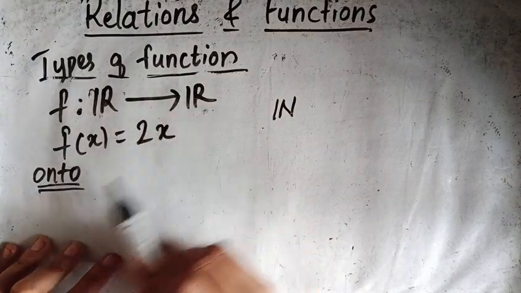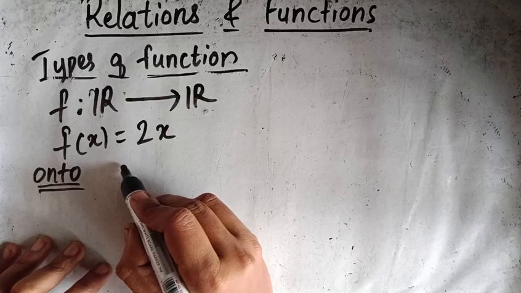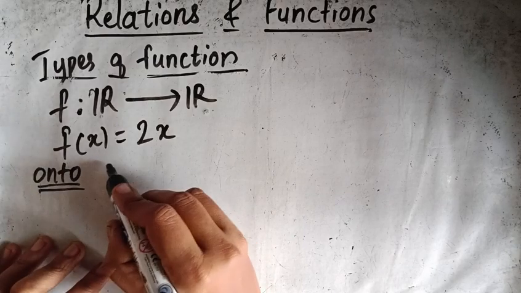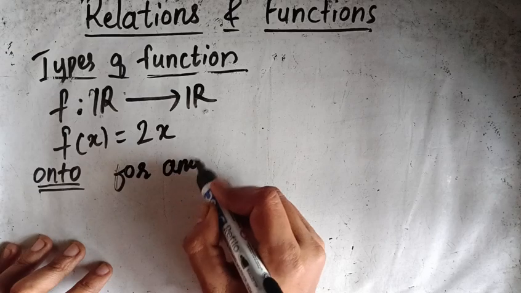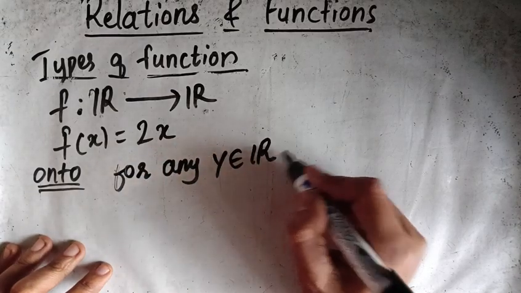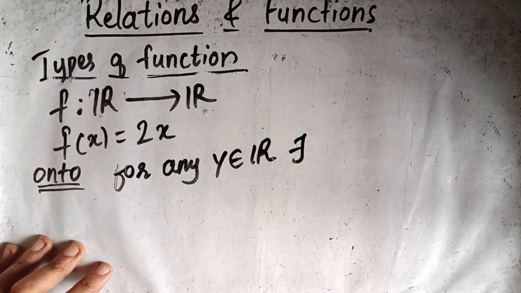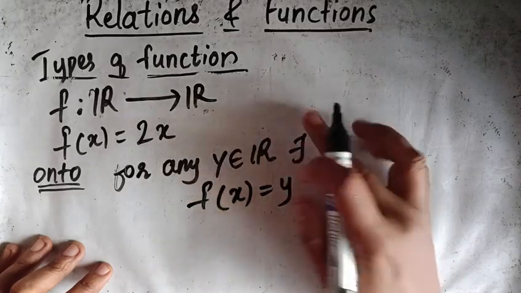For real numbers we can write it as: suppose for any y belonging to R, there exists x with f of x equal to y.